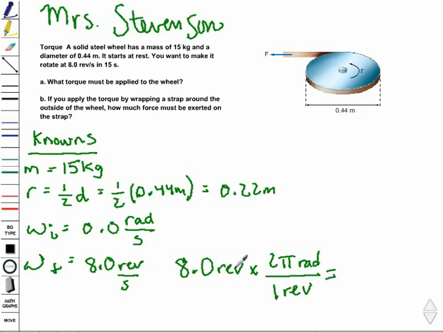When I have a revolution on the top and a revolution on the bottom, those cancel, and I just do what's left over. So I do 8 times 2 pi radians divided by 1, and you end up with 16 pi radians, and that was for every second. So we're going to use our final angular velocity as 16 pi radians per second in this problem.